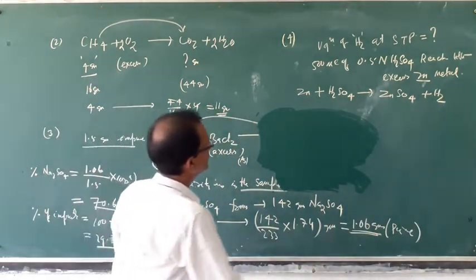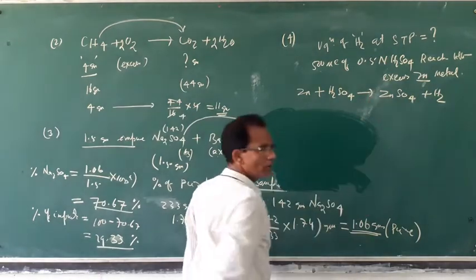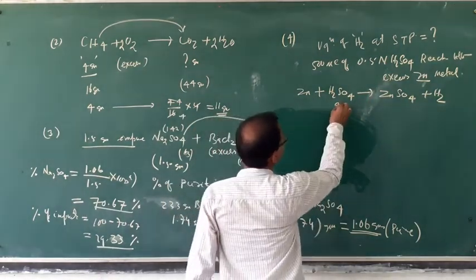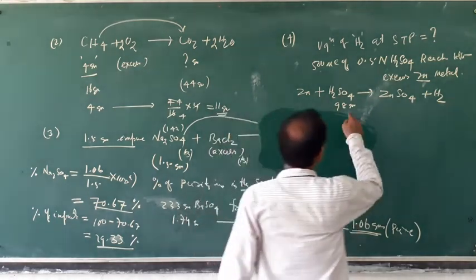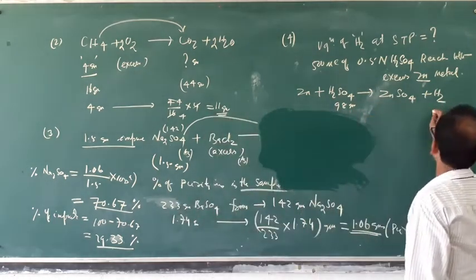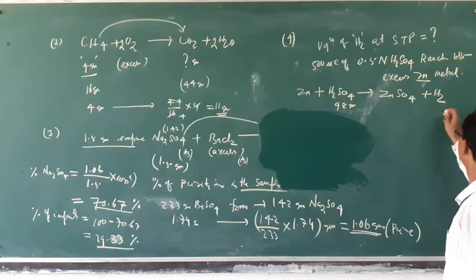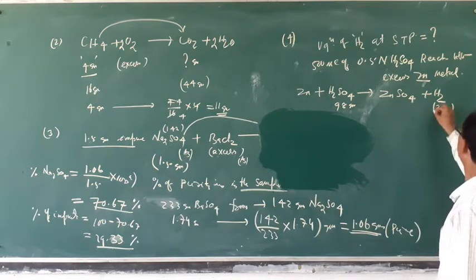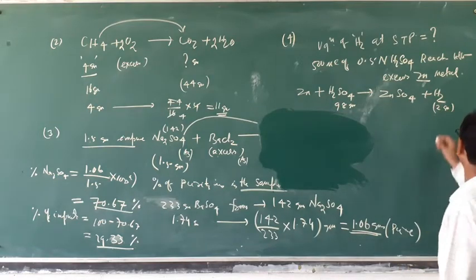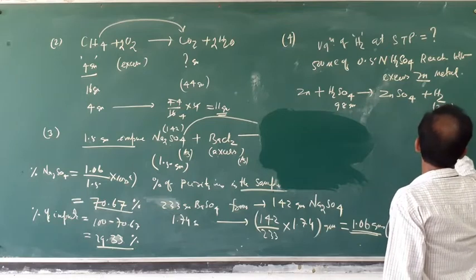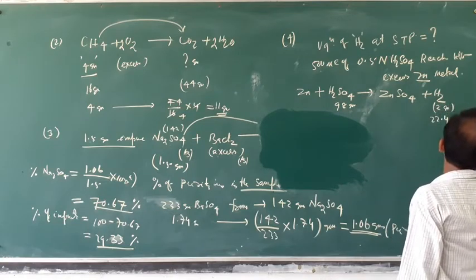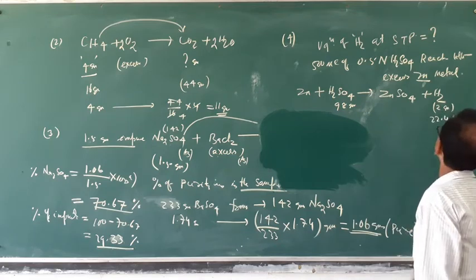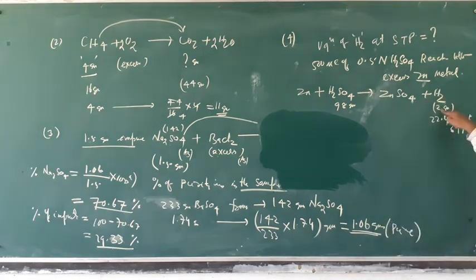Okay. Here, if you take the molar mass, 98 gram, it is balanced. So 98 gram produces how much? 2 gram. 2 gram at STP, how much volume? 22.4 liter at STP, because 2 gram, the molar mass, means 22.4 liter.